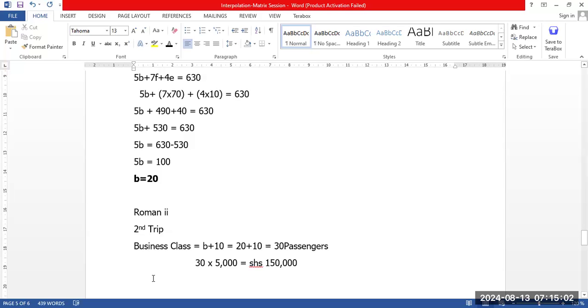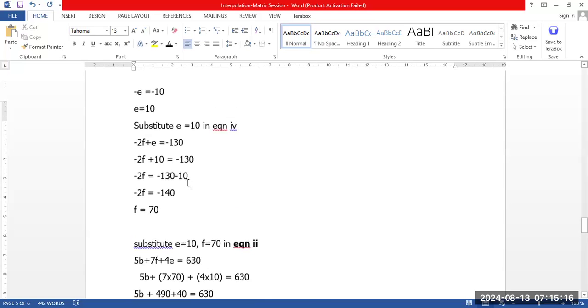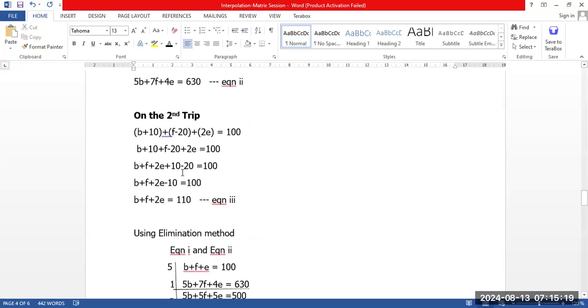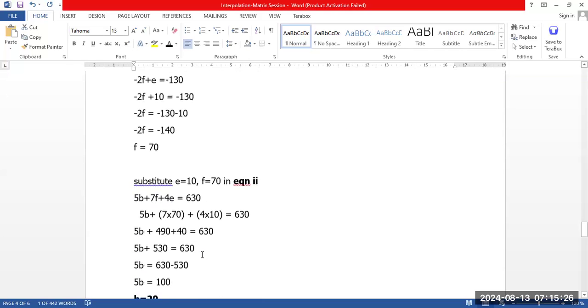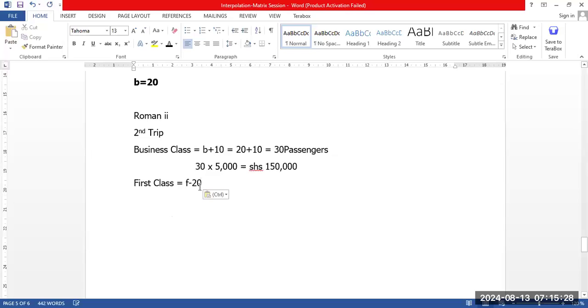Then for first class on the second trip, you have how many passengers on the second trip? When you follow what we are doing, it is F minus 20. Your F was 70, 70 minus 20.